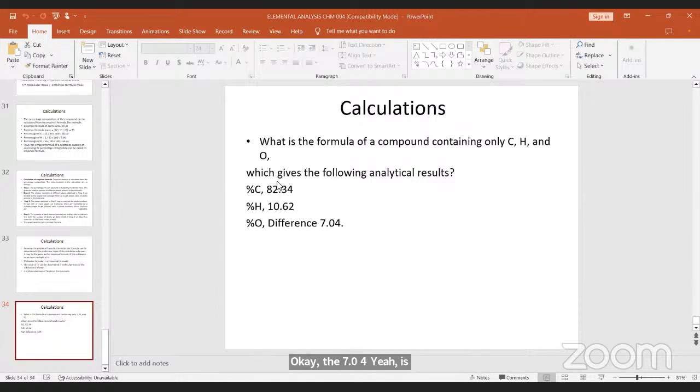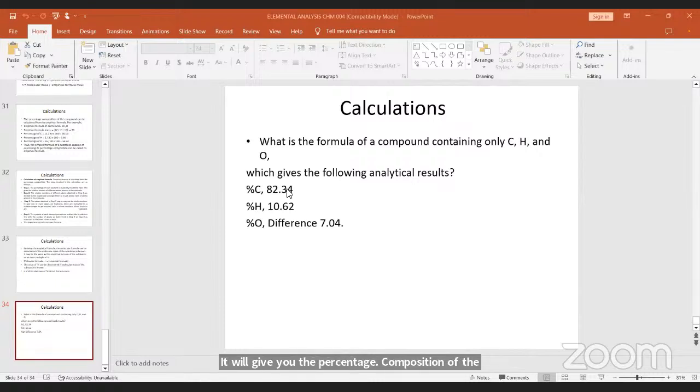Okay, what this is saying is that if, for example, they give you the percentage composition of 2 out of 3 elements present in a compound, and you know that the total composition of all the elements will be equal to 100, so if you know 2, when you subtract the 2 from 100, it will give you the percentage composition of the third.